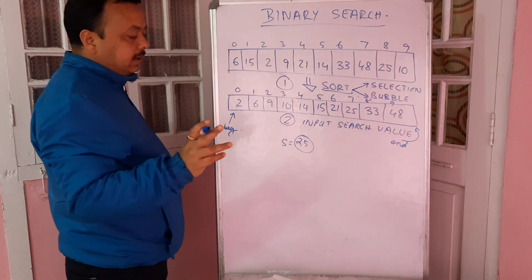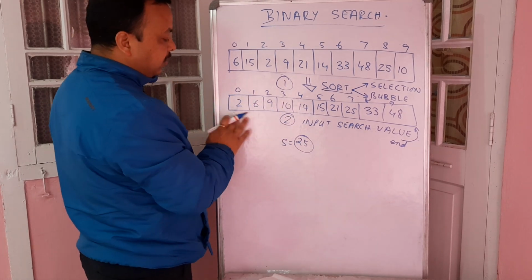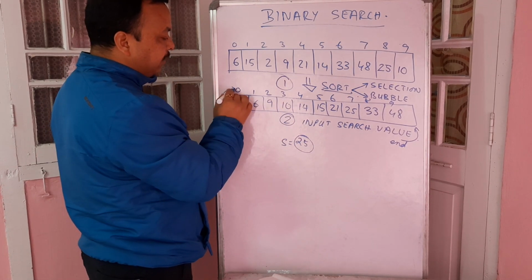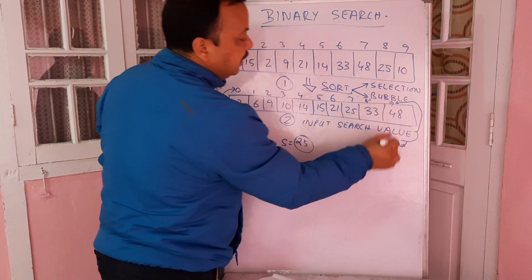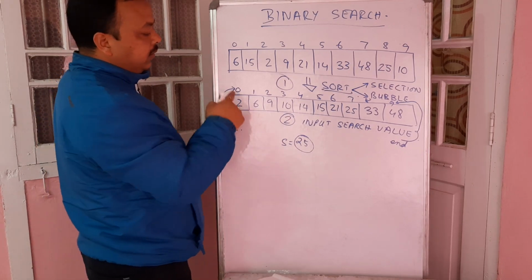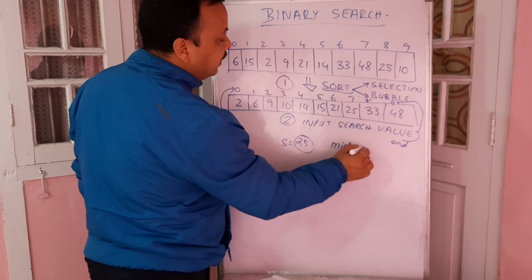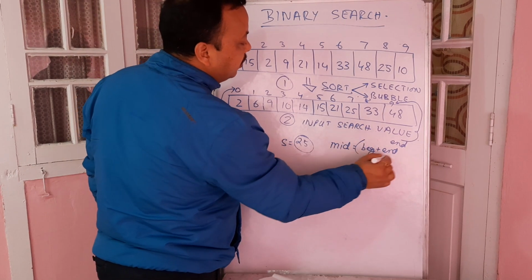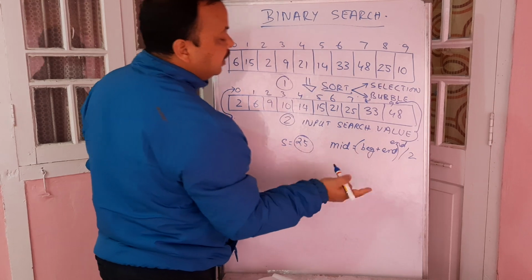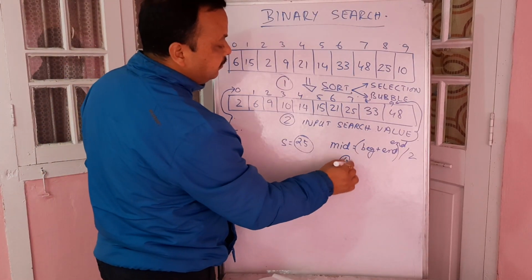I don't mean the values. What I mean is the subscript. Here the beginning and end will point to 0 and 9 so that you can calculate the midpoint. So mid will be beginning plus end, whole thing divided by 2. So the integer value that will come out is 4.